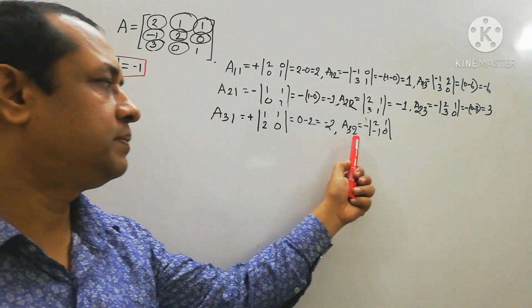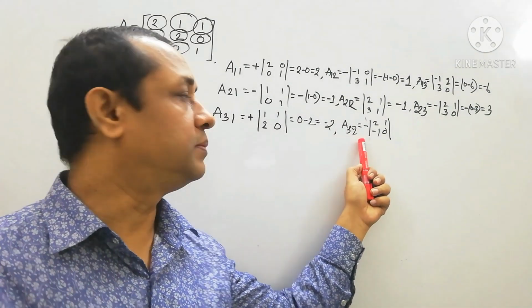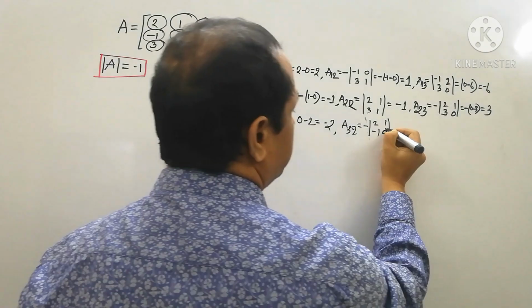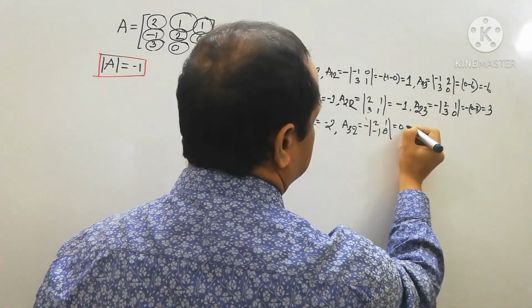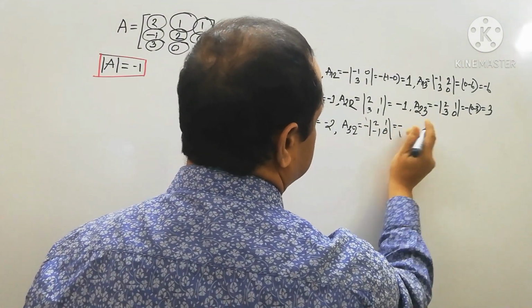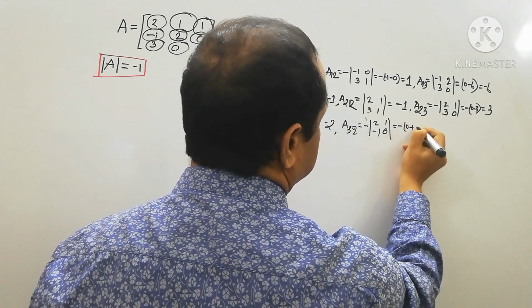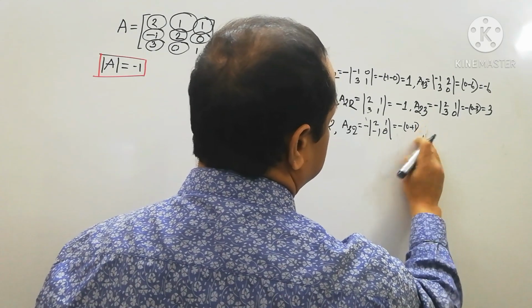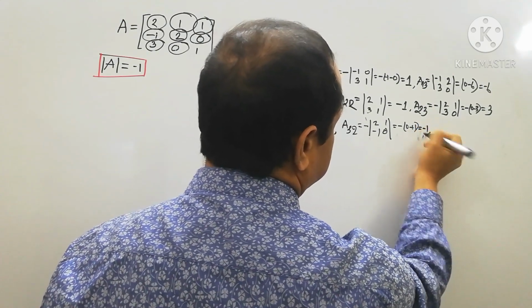Here, students, 3 plus 2 is 5, an odd number, so the cofactor is negative. Now we have 0 minus 0 plus 1 equals 1, so the cofactor is minus 1.